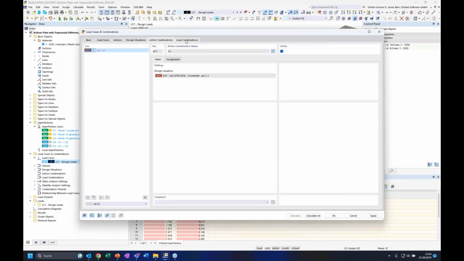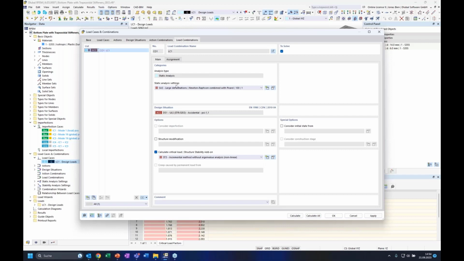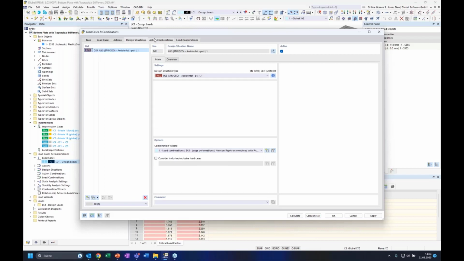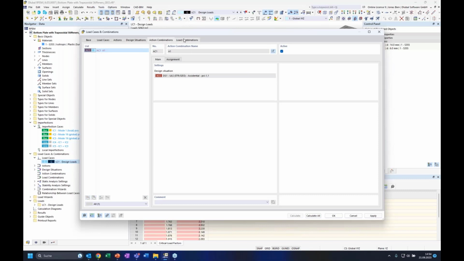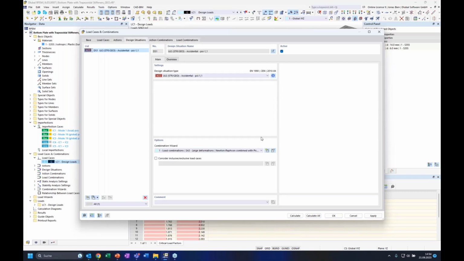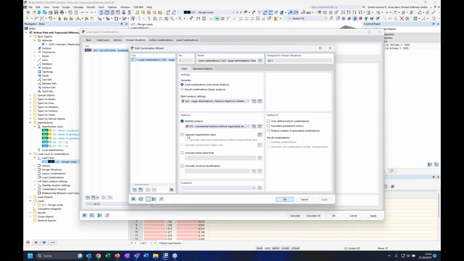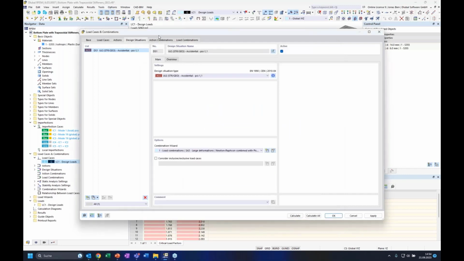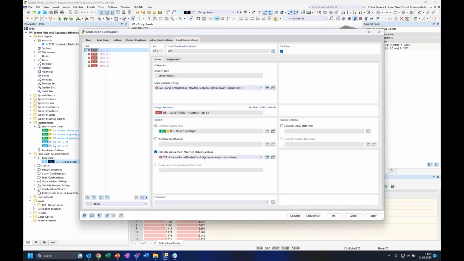By doing this, I can see now, I just missed something, maybe in the combination wizard. Yes, I need to click also consider imperfections. Of course, I missed that. But if I do so, all the imperfections that I have generated are taken into account in the automatic generation of the load combinations.